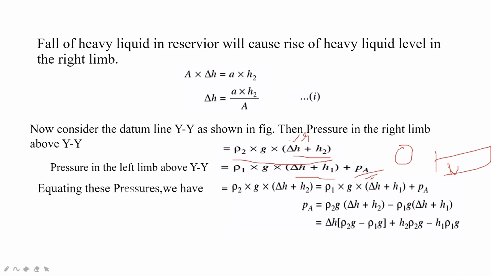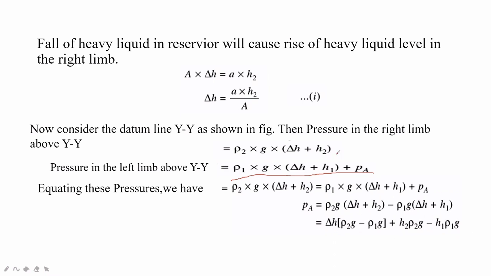So now equating these pressures, I will clear it. What are the pressures? The pressure in the left limb is rho 1 G delta H plus H1 plus PA. Then the pressure at XX is rho 2 G delta H plus H2.